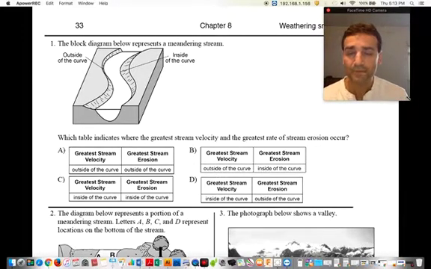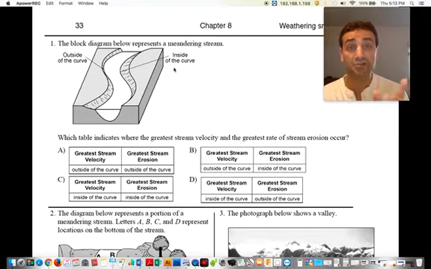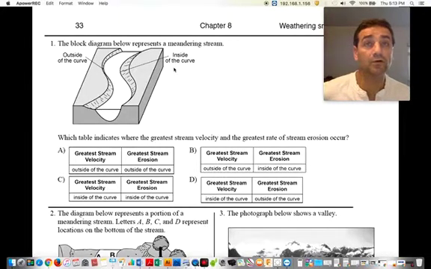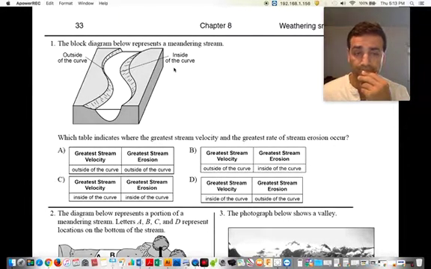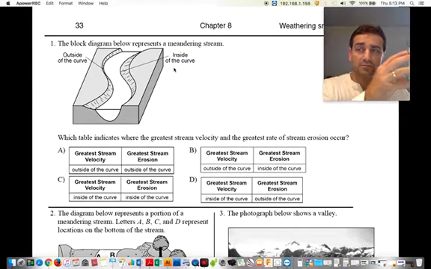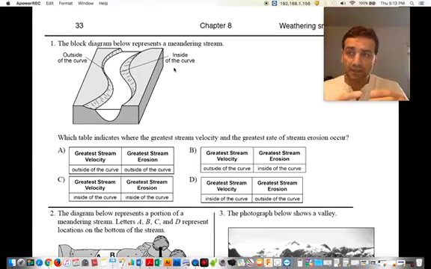Okay. So let's see. On the inside of the curve, is it faster or slower? On the inside, it's slower. So if it's slower on the inside, does it deposit more or does it erode more? As a stream moves more slowly, it begins to deposit.